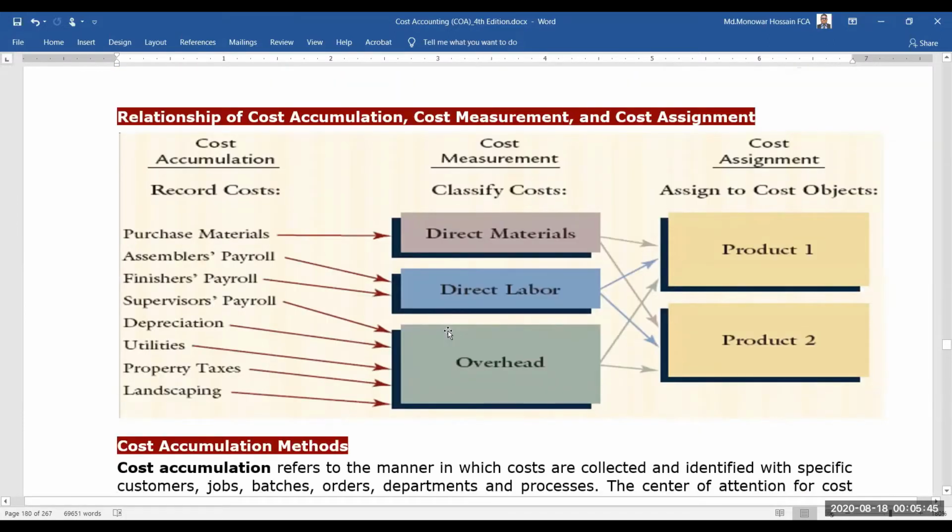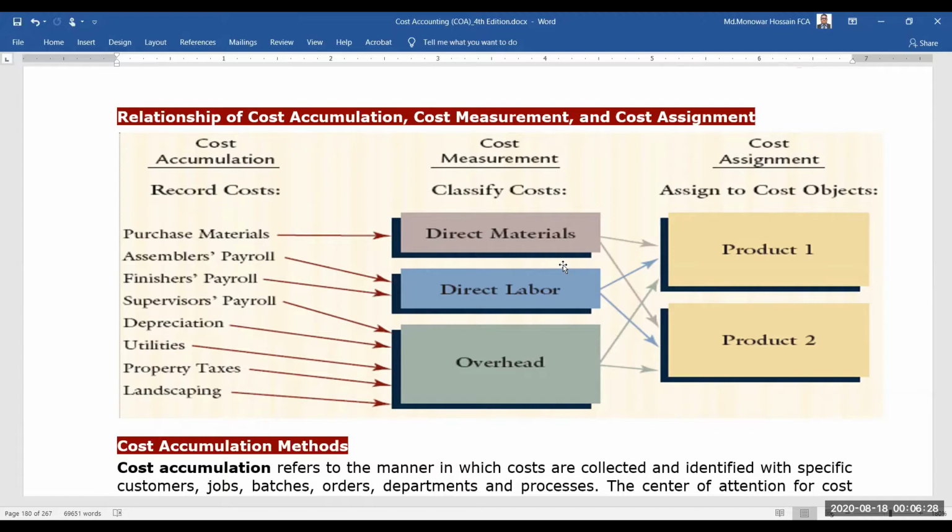Look here, this is the relationship of cost accumulation, cost measurement, and cost assignment. On the left side, cost accumulation is a record of costs, such as purchased material, assembled apparel, finished apparel, depreciation, utility, profit tax, land rate, etc. Cost measurement is classifying cost as direct material, direct labor, or overhead, and cost assignment is assigning cost to the cost object within the product.